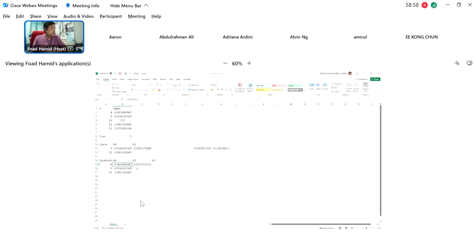To find it, we can find the slope of these 2 points using the same equation as before, this minus this, divided by this minus this. If I just copy this formula, it should be the same, because it's just the slope.